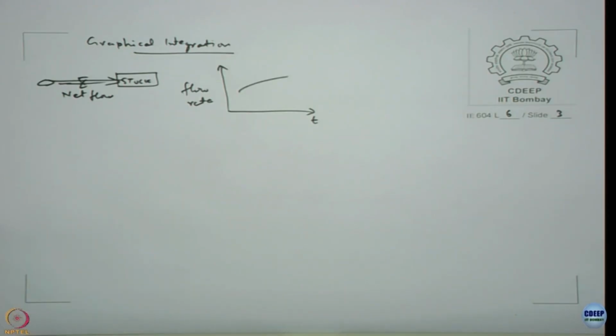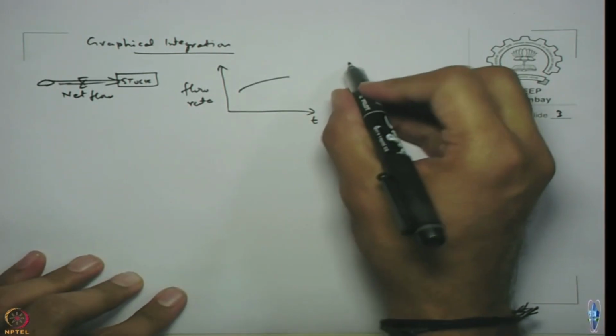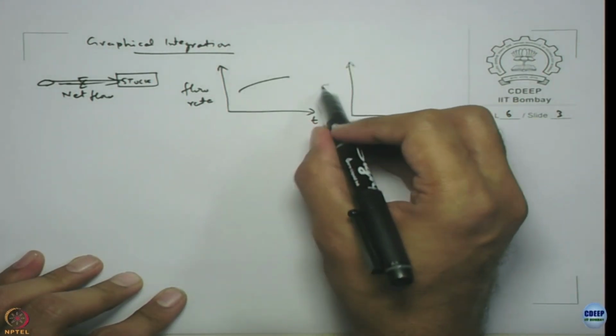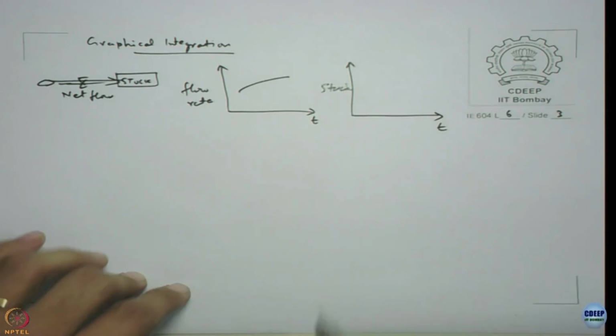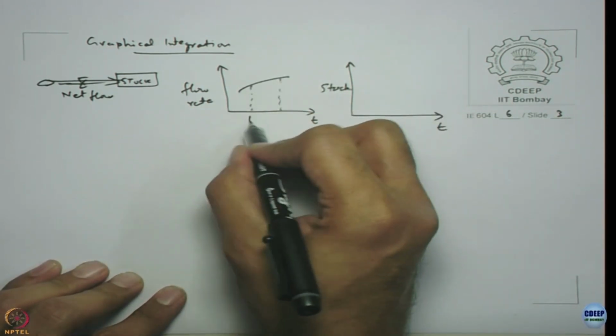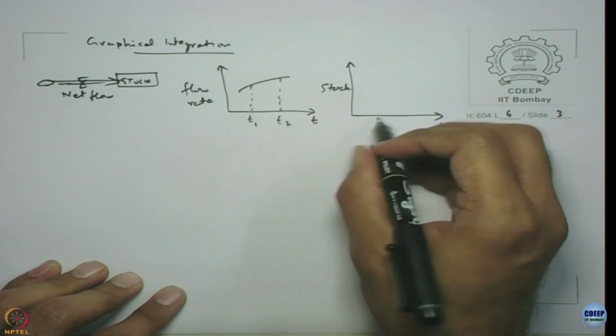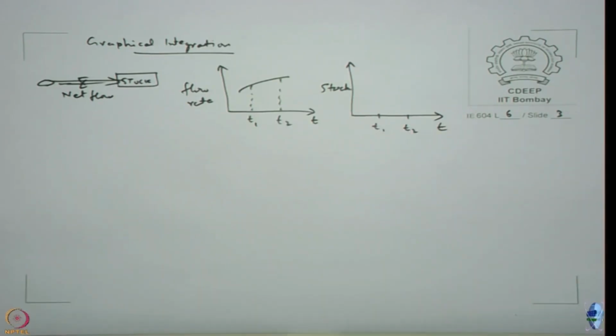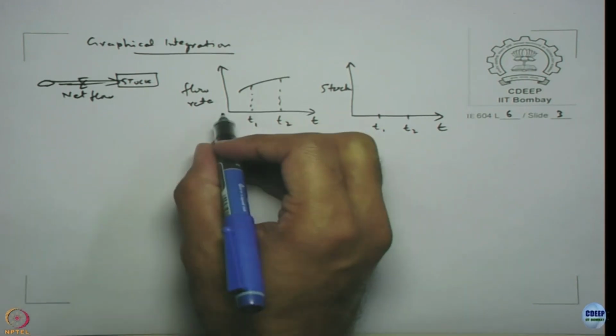Suppose the flow rate is changing like this over time. We want to see how the stock changes. Suppose the flow rate changes from time t1 to t2; for the same time t1 to t2, we want to figure out how the stock changes. Let us assume the flow rate is positive.